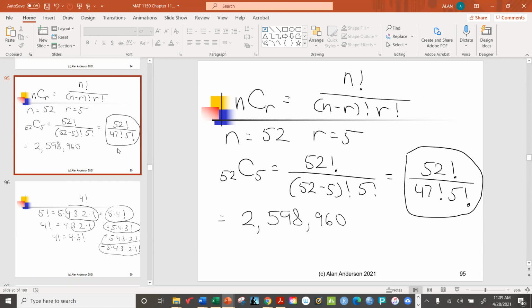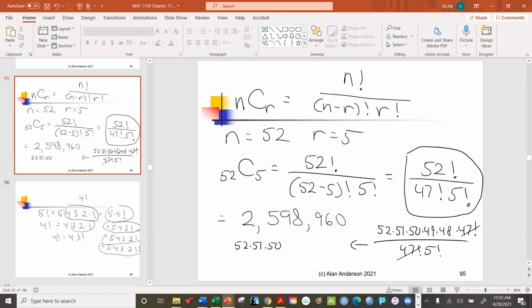So both 52 factorial and 47 factorial are absolutely astronomical. So what you could consider doing here is rewriting this as 52 times 51 times 50 times 49 times 48 times 47 factorial, all over 47 factorial times 5 factorial, so that these drop out and you're left with 52 times 51 times 50.